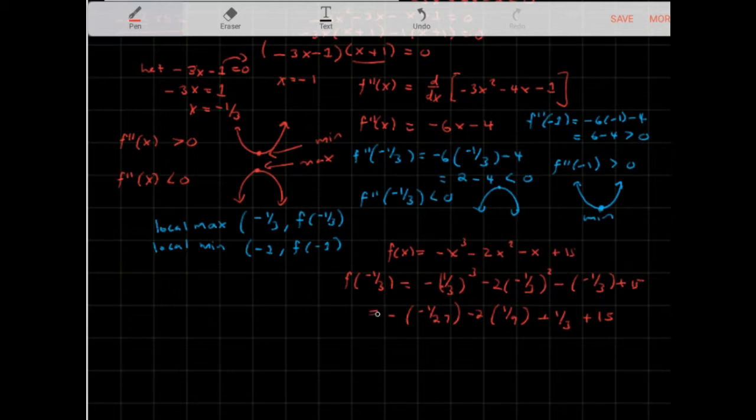Okay, and you can just crunch that out. Right, so this is 1/27 minus 2/9 plus 1/3 plus 15. What you could do here is make a common denominator of 27, right? So the lowest common denominator here is 27. And if you do that, you multiply this by 3, this by 3, this by 9, this by 9.